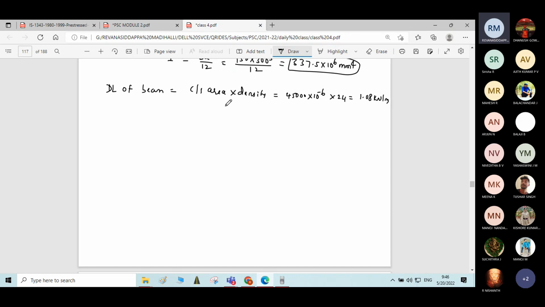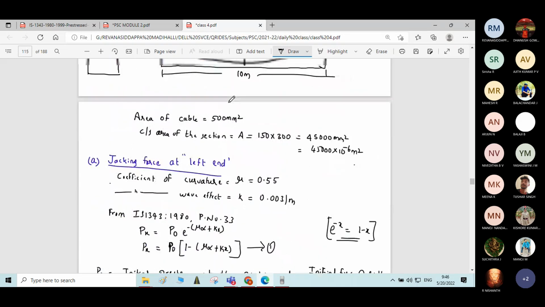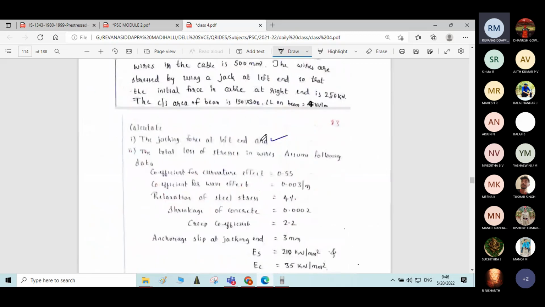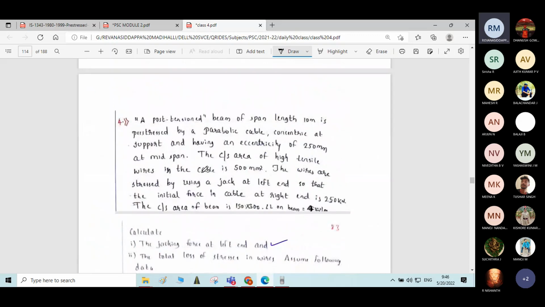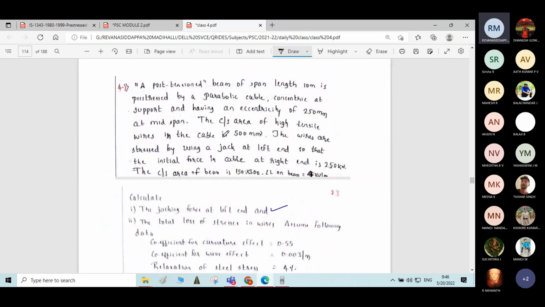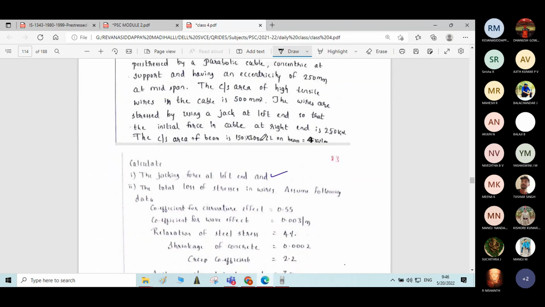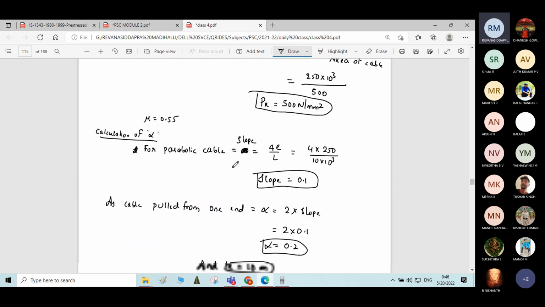The live load on the beam is given. Just go through the problem. Here you can see the live load on the beam is given as 4 kilonewton per meter.